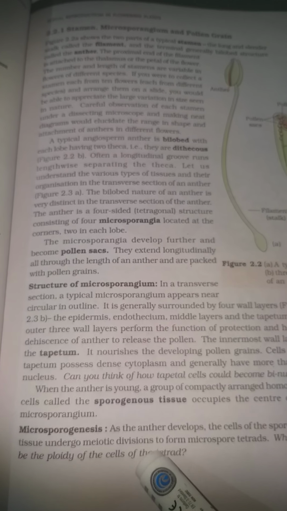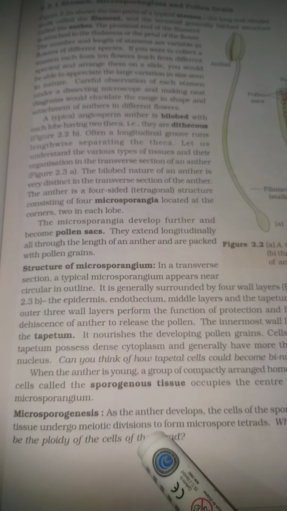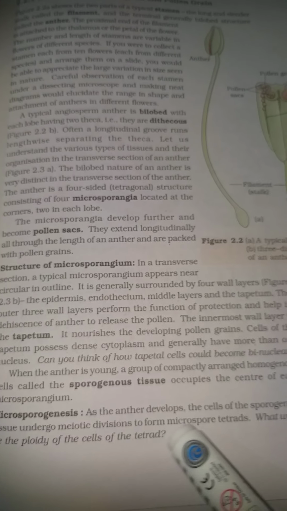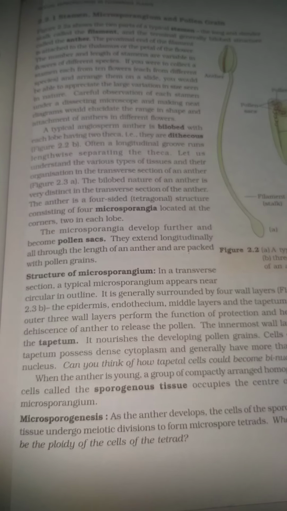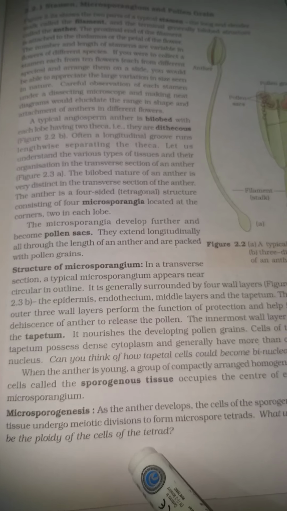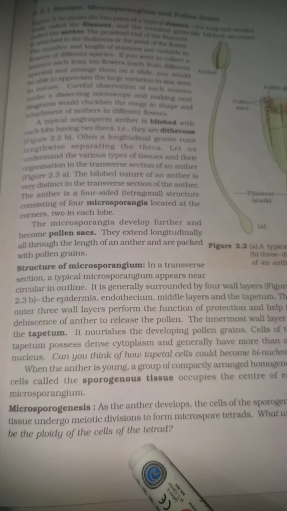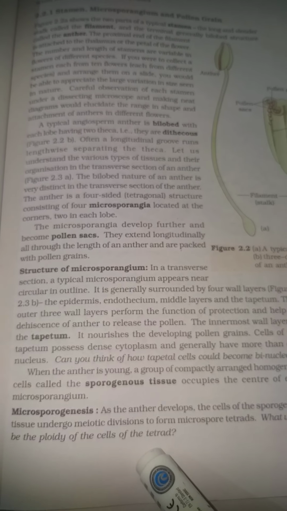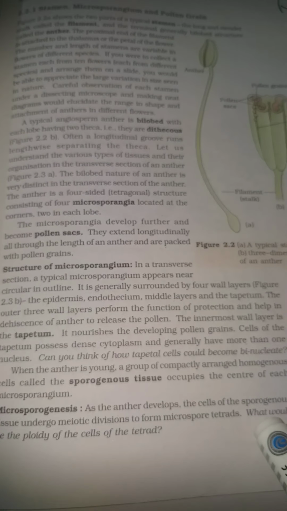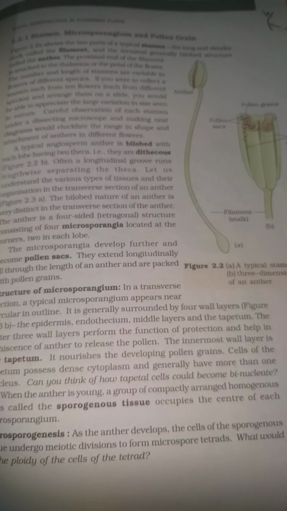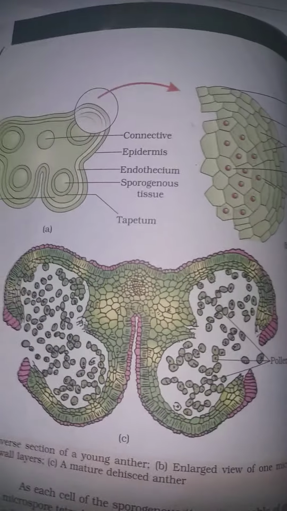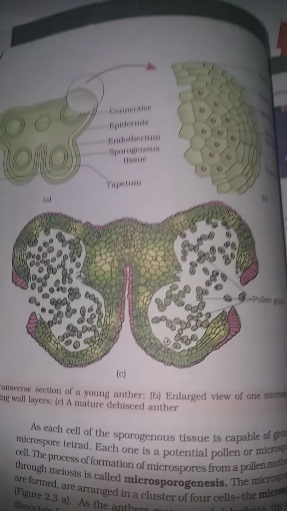Microsporogenesis is the process that we are going to deal with in detail. So as the anther develops, the cells of the sporogenous tissue undergo meiotic division, it's meiosis, to form microspore tetrads. Here you see the diagram.